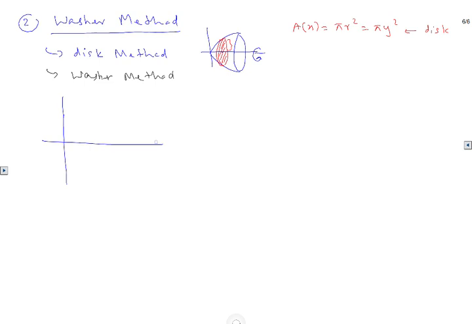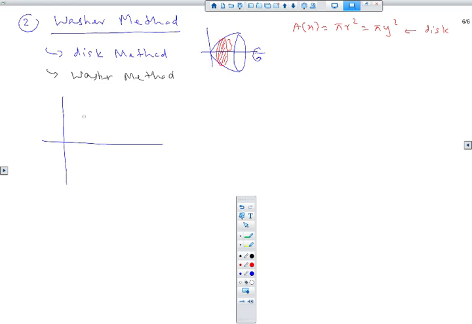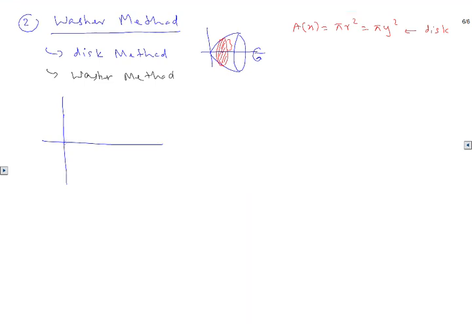That's one way to tell this is not the disk method. Let's look at the curve y equals square root x, and also the line y equals x.